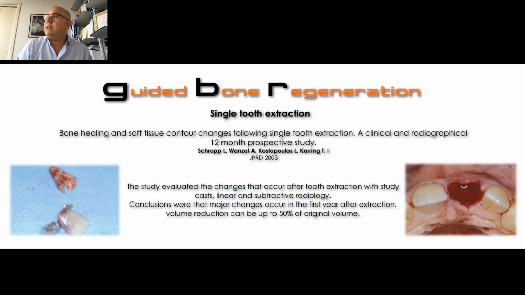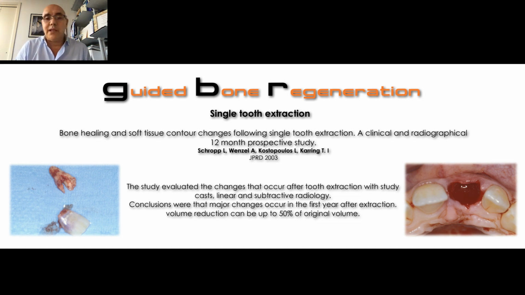It's quite dated because it's a study of 2003, but Araujo and his group did a 12-month prospective study. They extracted teeth, and they evaluated radiographically and in the stone cast what the morphological changes were after 12 months.